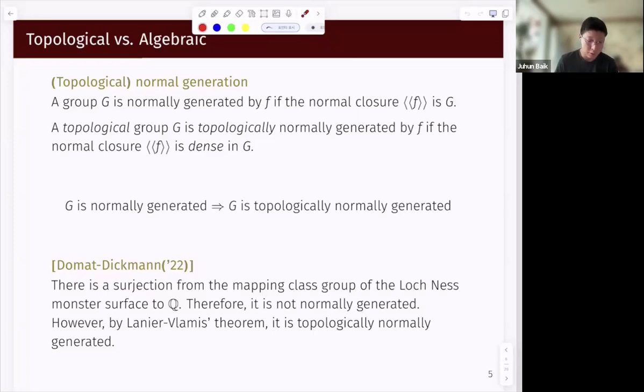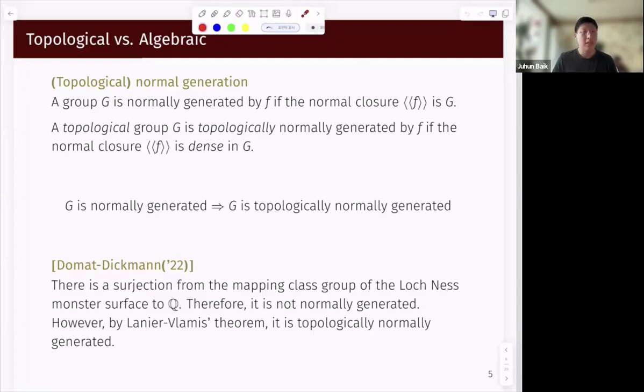So Domat and Dickmann also proved that there is a surjection from the mapping class group of the Loch Ness monster surface to Q, the rational numbers. So therefore, it is not normally generated, right? Because if it were normally generated, then when you send it to the abelian group, the image must be cyclic. Because Q is not a cyclic abelian group, it is not normally generated.